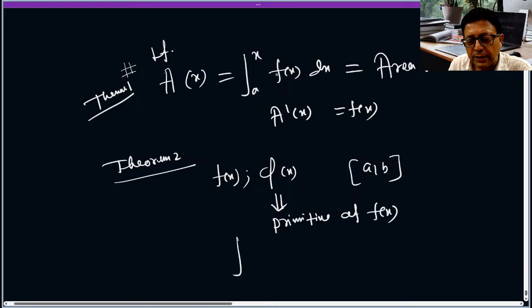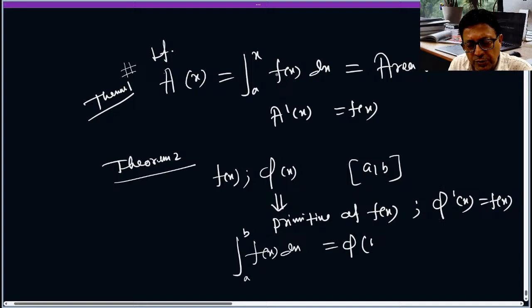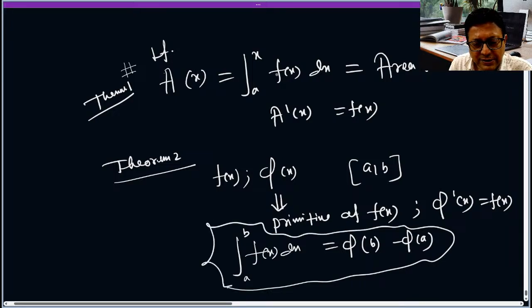Primitive means the derivative of phi(x) is f(x). Then integral a to b f(x) dx equals phi(b) minus phi(a), isn't it? This is the fundamental theorem of integral calculus. So far, we have used this in many sums.